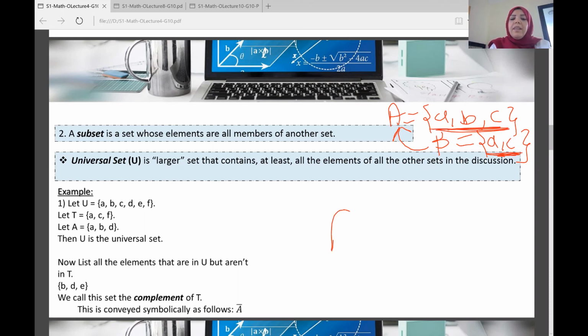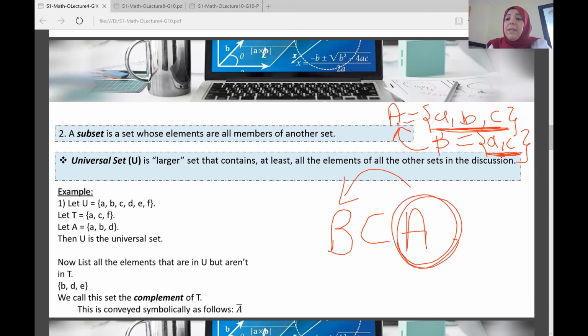So if you tell me that B is a subset, this is the symbol that indicates it's a subset, of A, that means all the elements of B are found in A. Okay? This is very important.